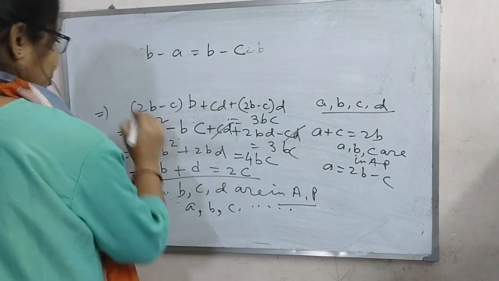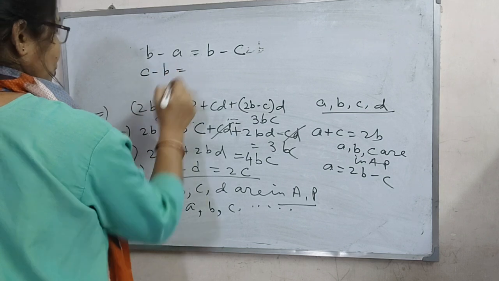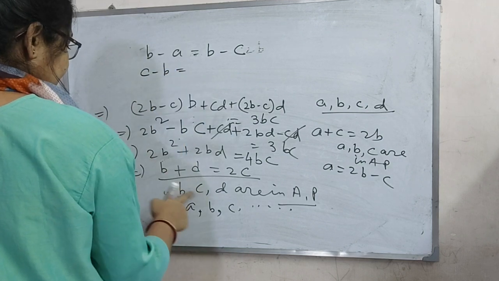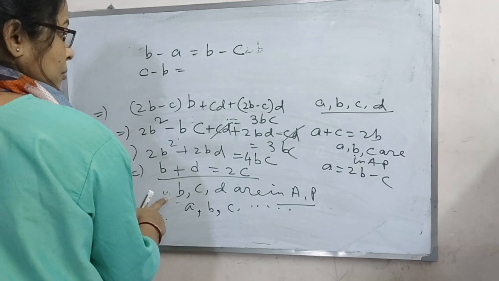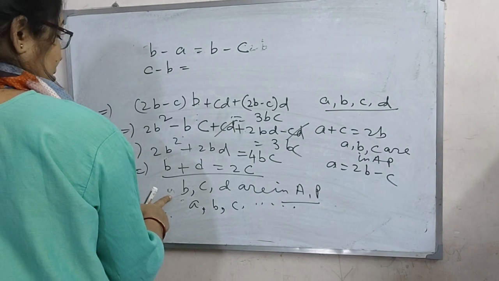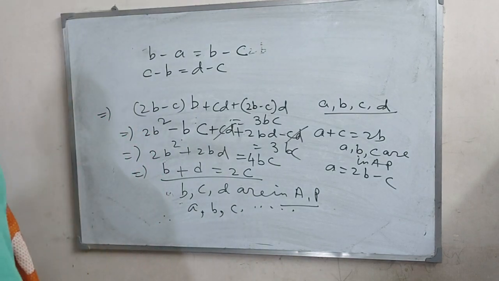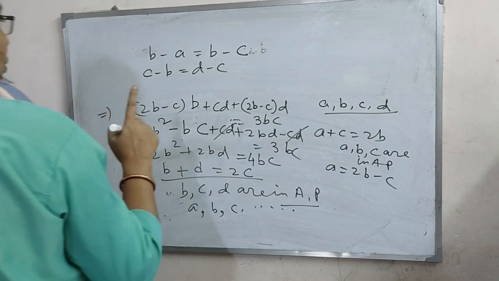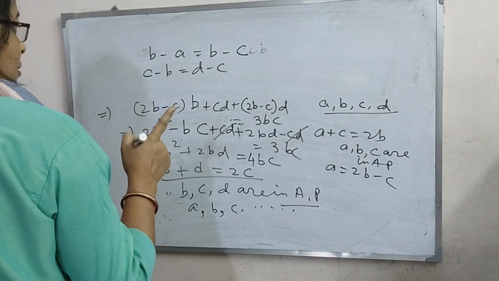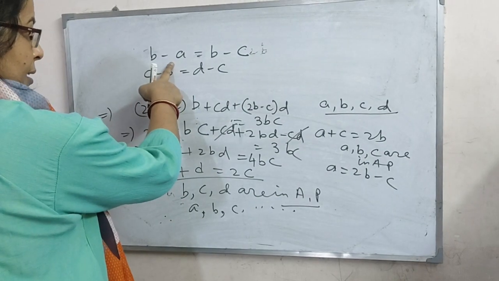And from here we have c minus b equals d minus c.